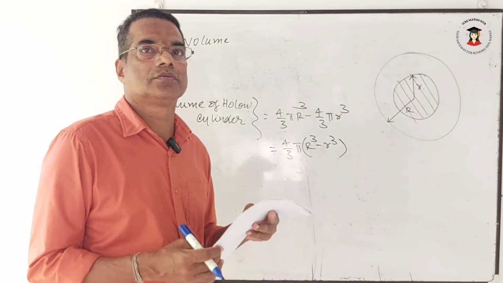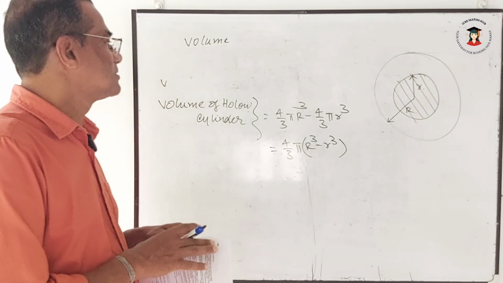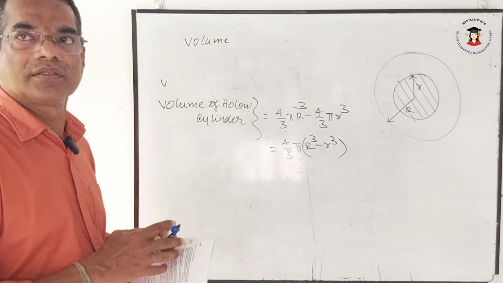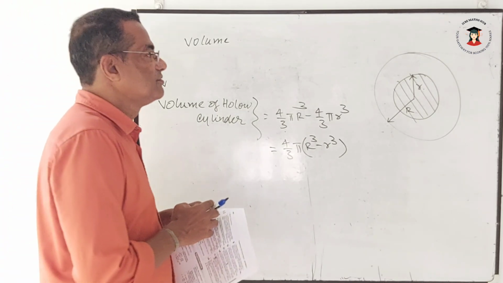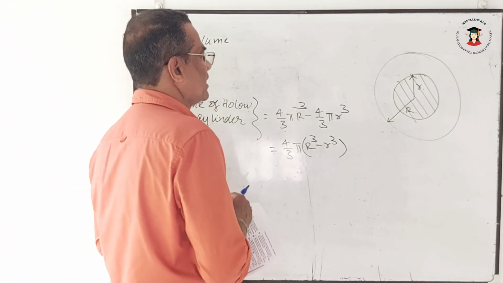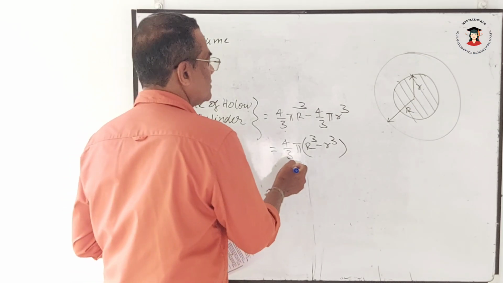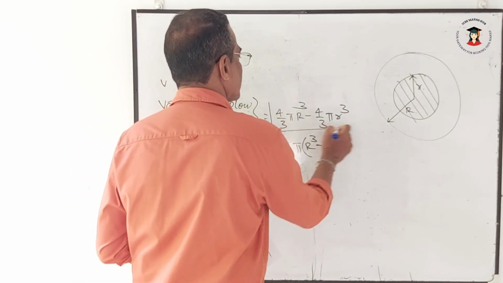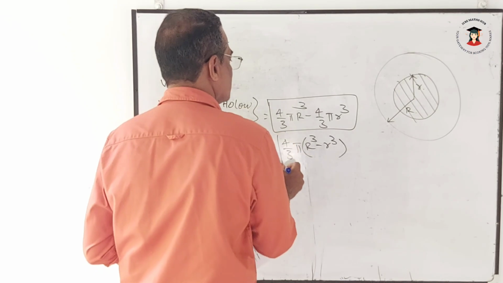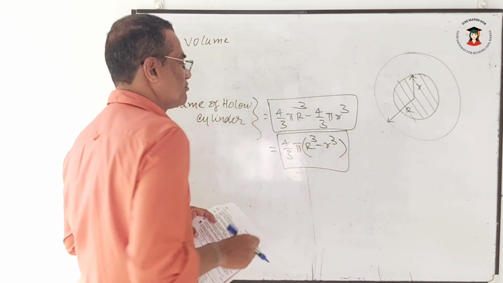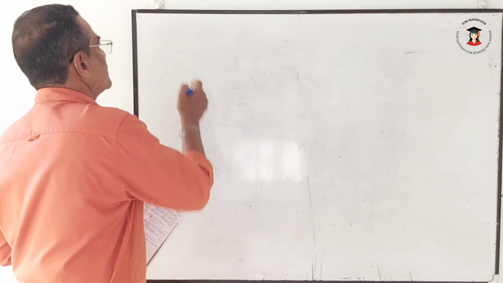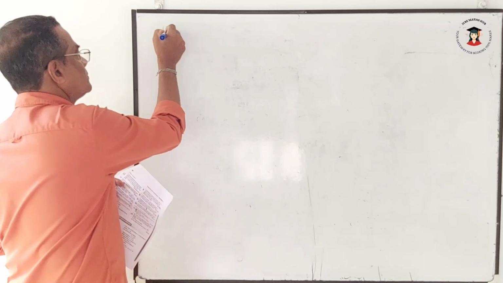So whenever there comes a hollow sphere, and if we need to find out the volume of the hollow sphere, then this formula can be used. This is its simplified form. Hollow sphere.